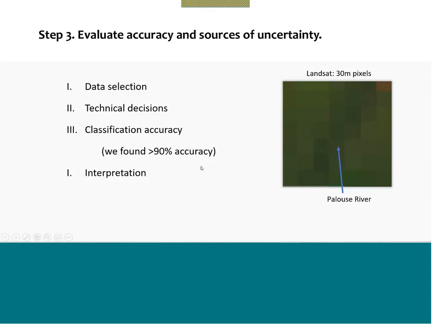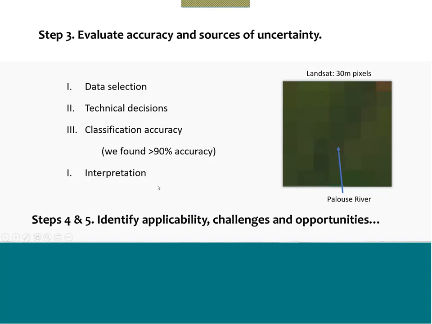And we found that our models had more than 90% accuracy based on the evaluation we did in the computer code. So that's not with respect to ground truthing, which is still a work in process. And then interpreting remote sense imagery does take some expertise, so it's always important to be aware of that.